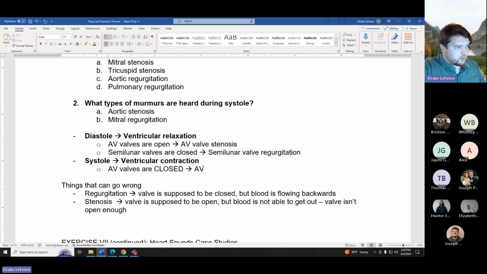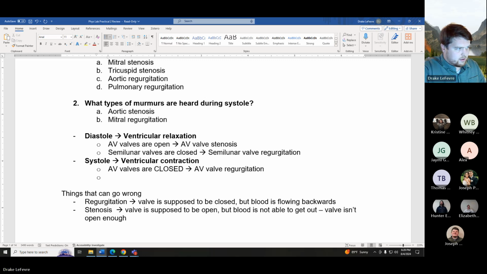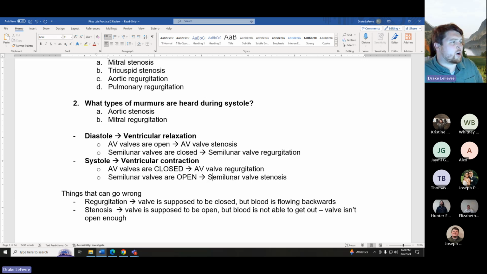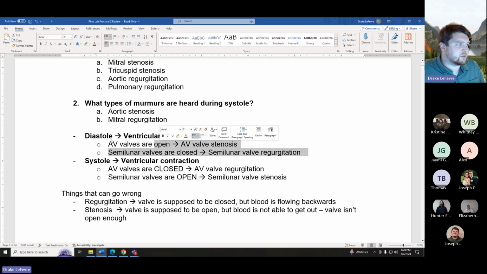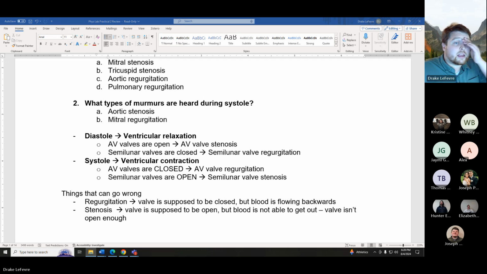If they're not closed, we have AV valve regurgitation. And the opposite again, semilunar valves are open, so semilunar valve stenosis. In all reality, if you memorize one side, like this is what it is in diastole, you'll know what it is in systole.